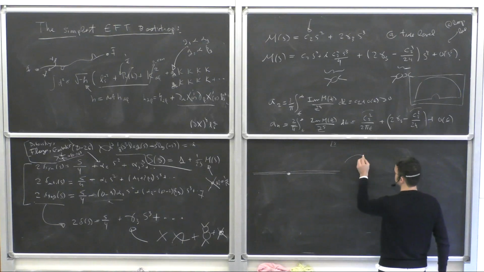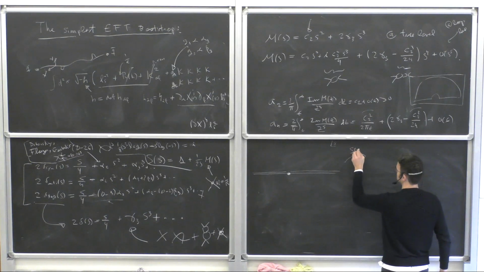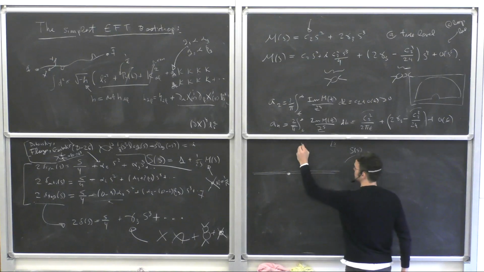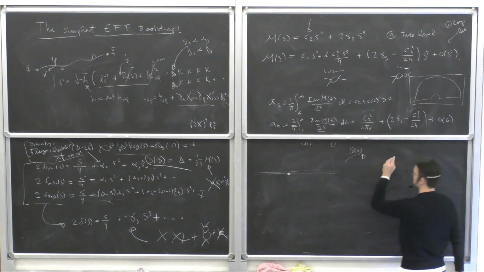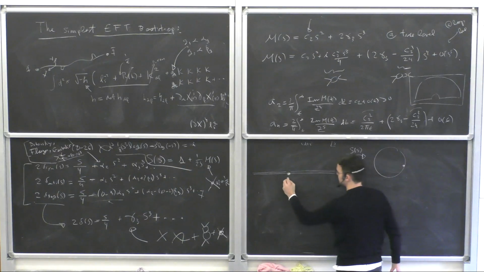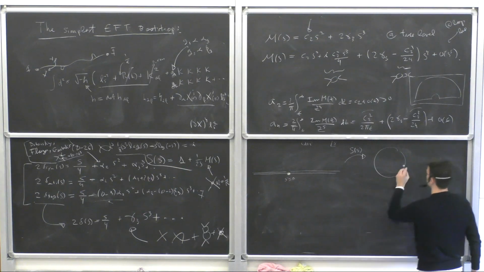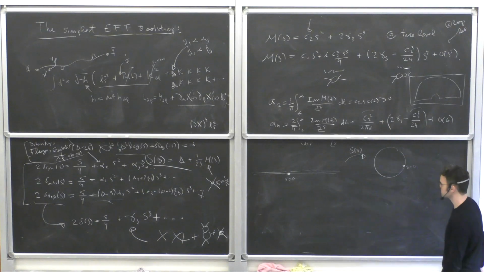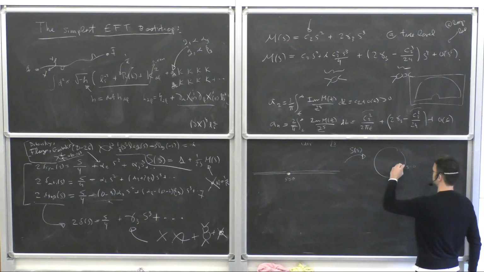And S of s is a map from the upper half plane to the unit disk, or to the inside of the unit disk. So here we can have s equals 0, and this is S equals 0, right? Some physical S matrix is going to be something like this.